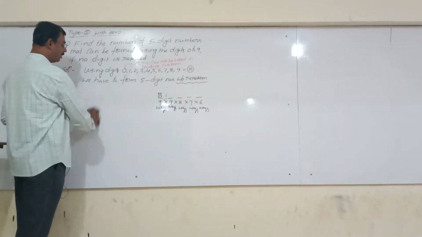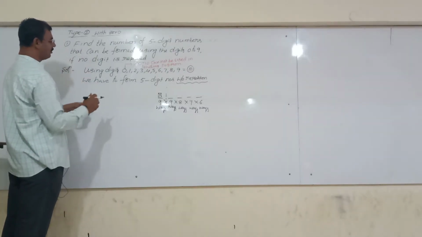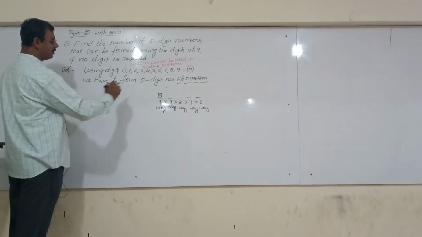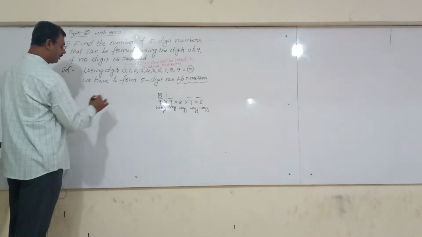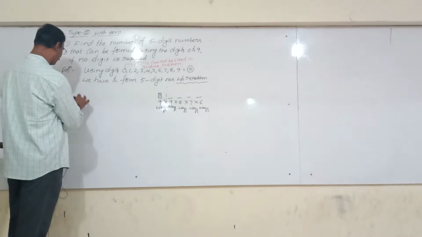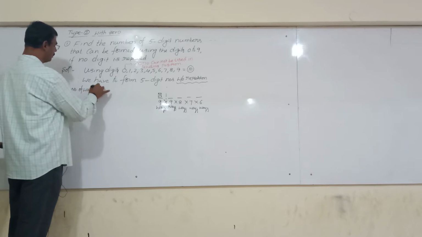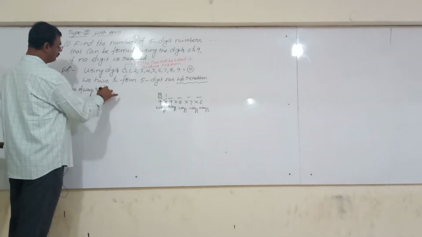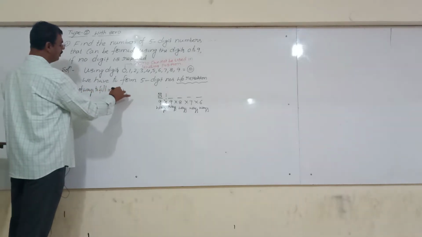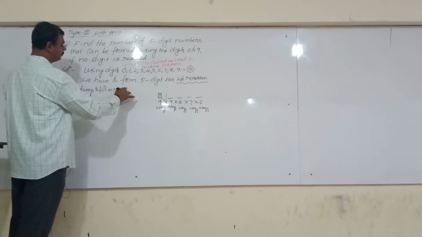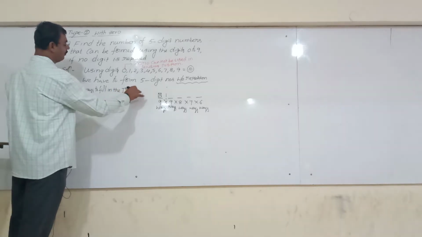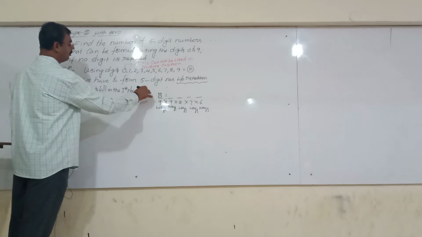Now I am going to the long way. So what is the first step? We should write here: number of ways to fill in the first place. How many ways? 9 ways.